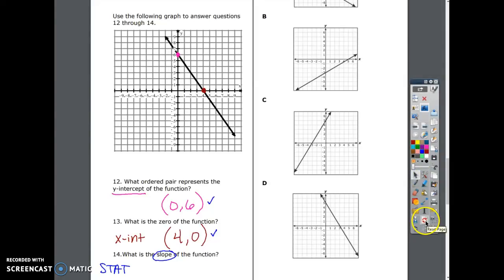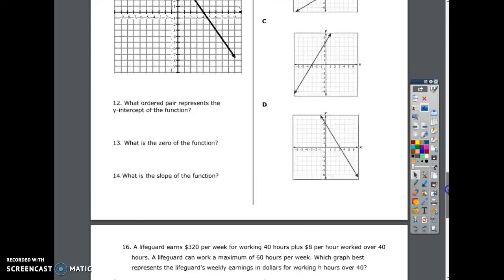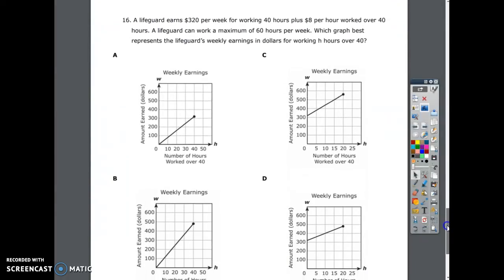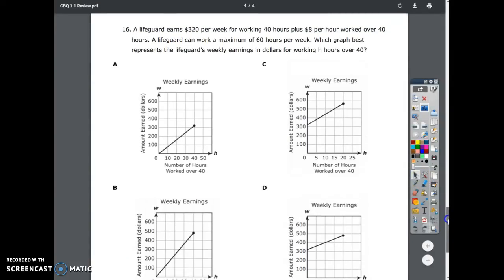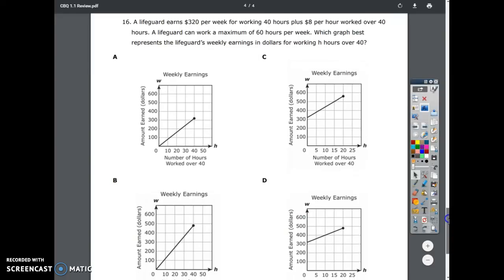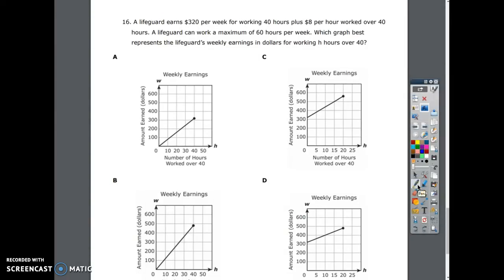And then the last one. Problem number 16. A lifeguard earns $320 per week for working 40 hours. So he already got this money because he worked those 40 hours.